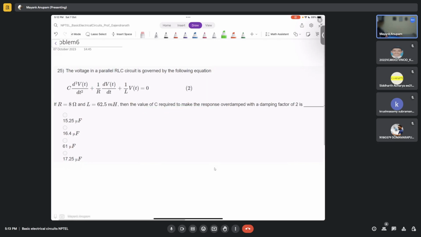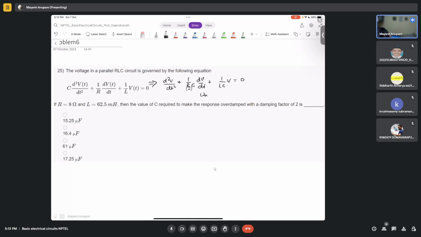So if you replace it here, take C common, it becomes d2V by dt square plus 1 over RC dV upon dt plus 1 over LC V of t equal to 0.